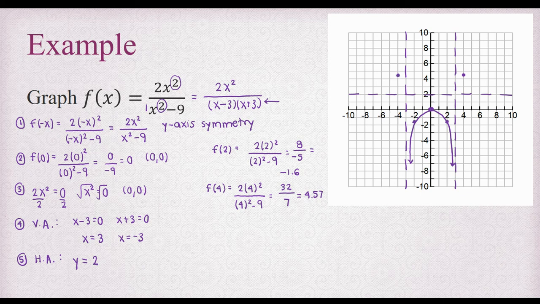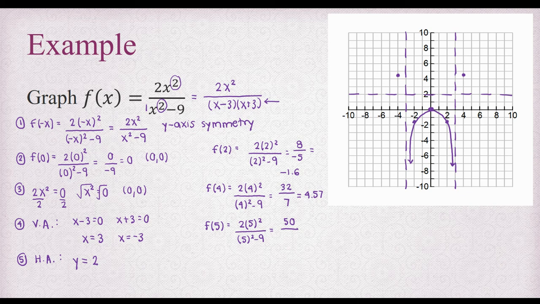Okay, obviously I'm going to want another point or two. So let's keep going. Let's do 5. That means we'll have 2 times 5 squared, and then in the denominator, we'll have 5 squared minus 9. So 5 squared is 25, and 25 times 2 is 50.